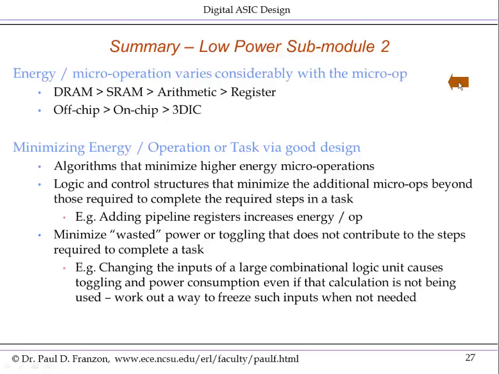As a general rule, DRAM access takes more energy than SRAM access, which takes more energy than arithmetic, which takes more energy than a register. Your goal is really to minimize the number of microoperations required to complete the task, getting it down to only those that are required and removing microoperations that are simply there, frankly, to speed it up.